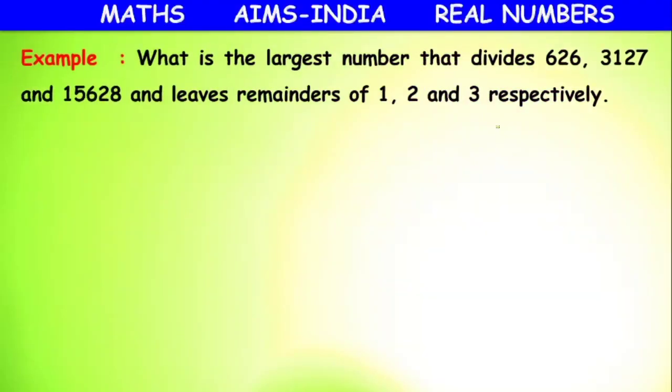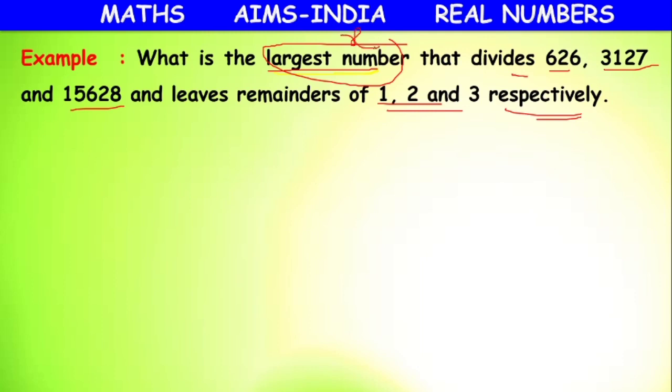Next, let's see one more example. What is the largest number that divides 626, 3127, 15,628 and leaves remainders 1, 2, 3 respectively? So means we have to find the largest number.